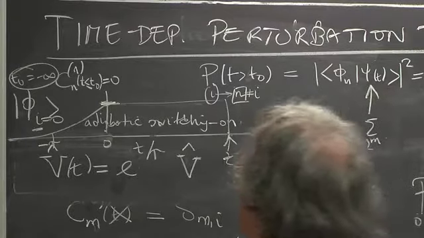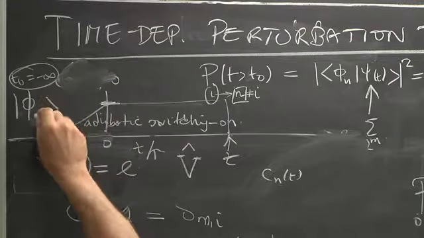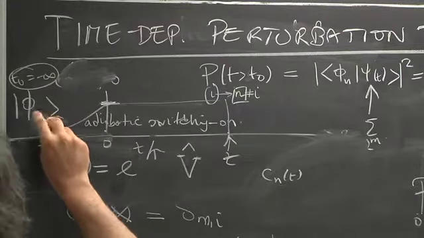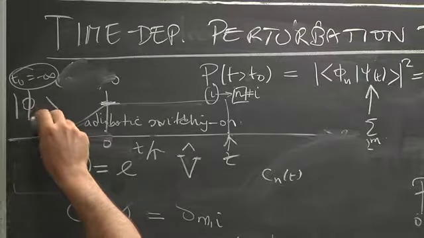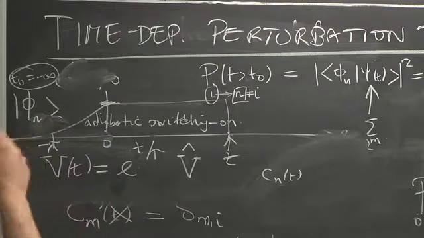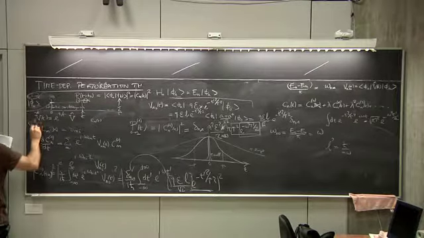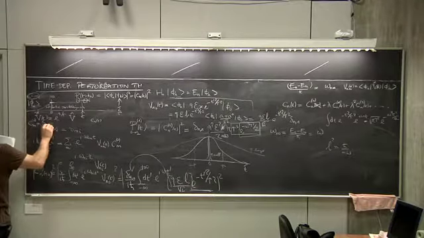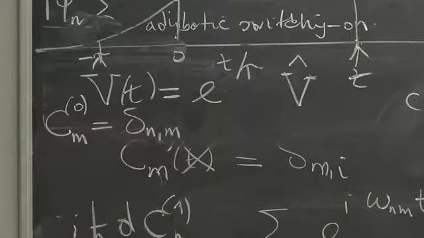Oh, by the way, initial condition is that at t equal to minus infinity, the state was n. Okay? I was in a given eigenstate n, so if you want C 0 of m, it was just the delta of n m. I prefer to use the value n here, for a reason that you will understand in a second. Okay? So this is my initial condition.